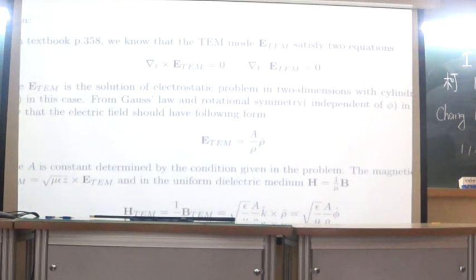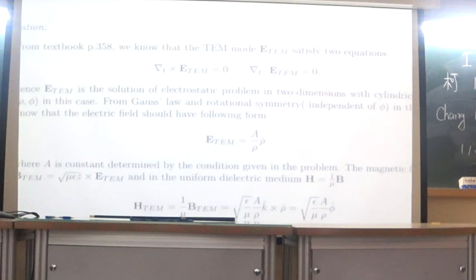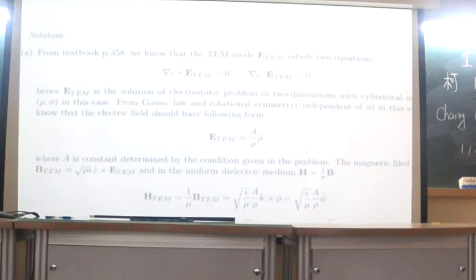So actually, the TEM mode in the waveguide is just an electrostatic problem, just like in the last semester. You only need to solve the boundary conditions and don't need to care about any other dynamical things like the time dependence. You just solve the boundary conditions and boom, you get the answers.